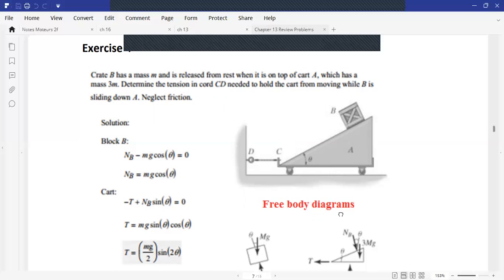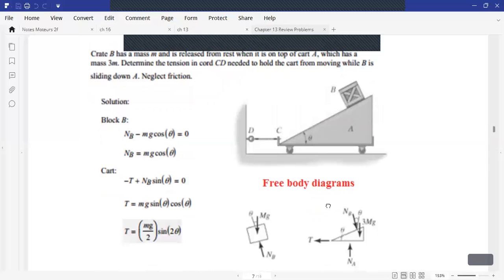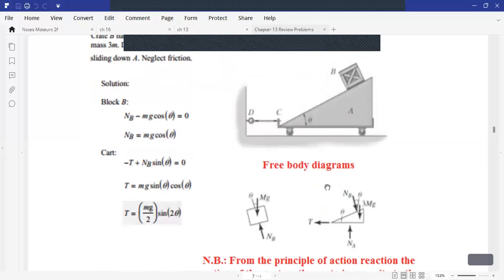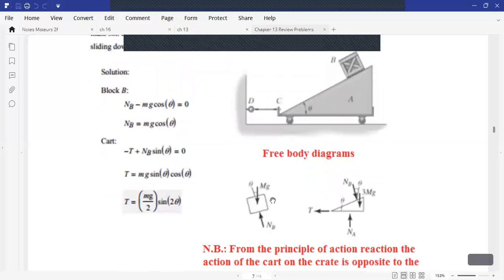So in this problem, we should first draw the free body diagrams of our two parts, which are the block and the cart. First, if we consider the block, what are the forces acting on the block? We have the weight of the block, and we have the normal reaction from the crate A on the block, which is NB.